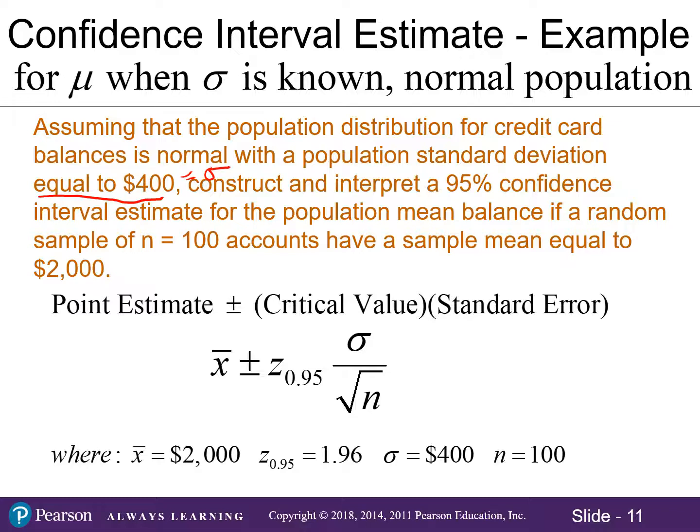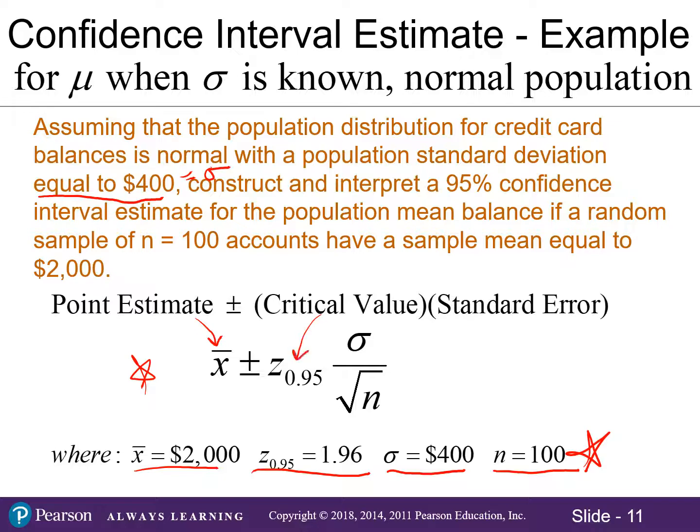$2,000. So down here I've got a description of all of that for you. I've got my sample mean, I've got my Z, I'm going to use 1.96 for the reasons we've already described, I've got my sigma, and I've got my sample size. And then I'm going to use this formula to create my confidence interval for a mean. So here's my point estimate, my sample mean.